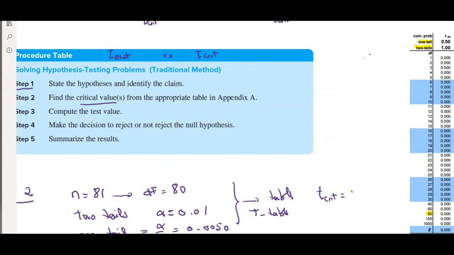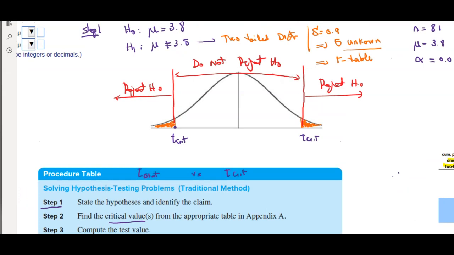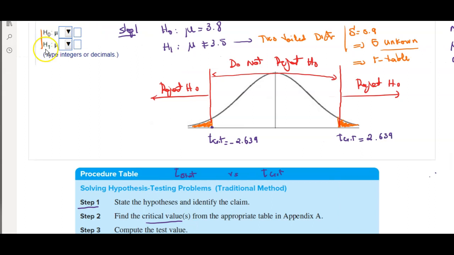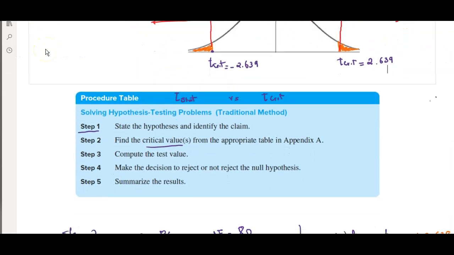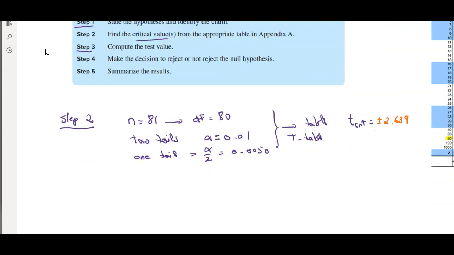So the t critical is going to be plus or minus 2.639, and there are two values because of two tails. So let's put it down. This is going to be a negative 2.639, this is going to be positive 2.639, and they are symmetrical. Okay, once we get the critical value, we can go to step 3, which is calculating the test value.